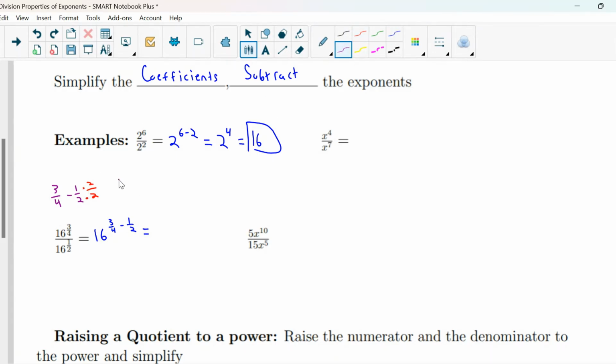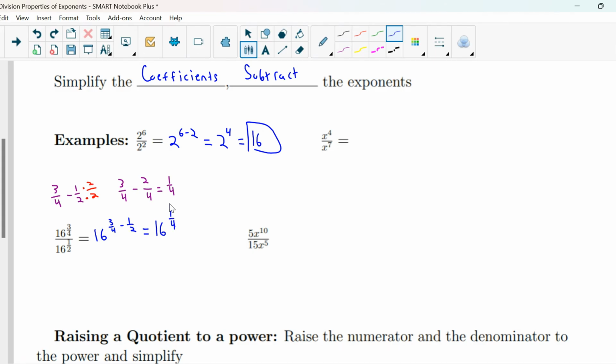So this simplifies as 3/4 minus 1 times 2 is 2, 2 times 2 is 4, so 3/4 minus 2/4, which is just going to give us 1/4. So this is the same as saying 16 to the 1/4 power.